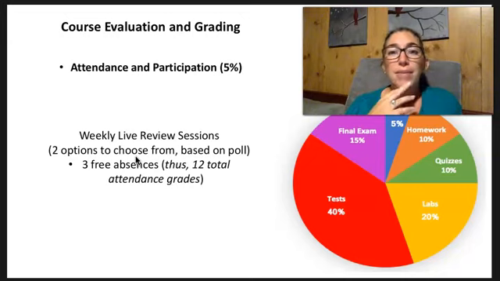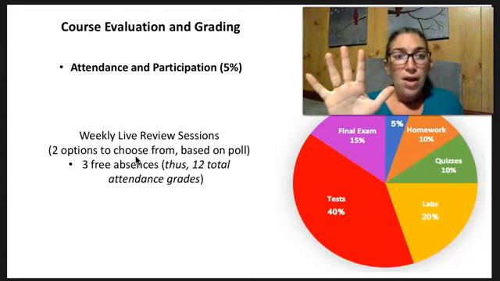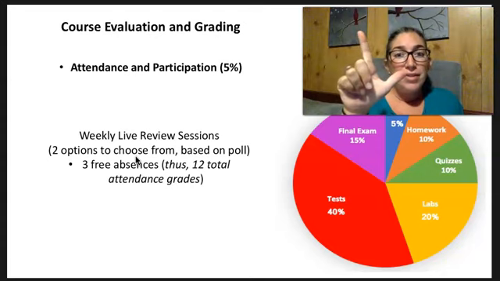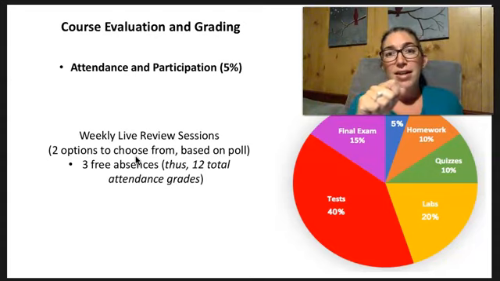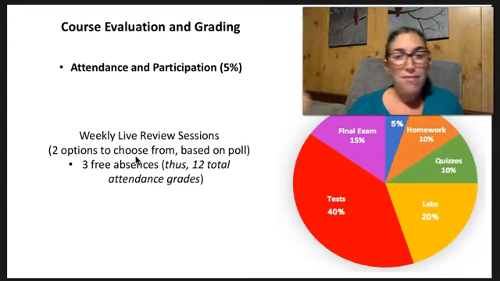So if you miss 5 classes total, that's 3 free absences and then 2 more, so you'll have a grade of 10 out of 12, which is something like 85%-ish. I'm not great at percentages in my head, so still not so bad. Not a huge penalty. Essentially, I want to encourage you to come to these live sessions because I think they're going to be really beneficial.